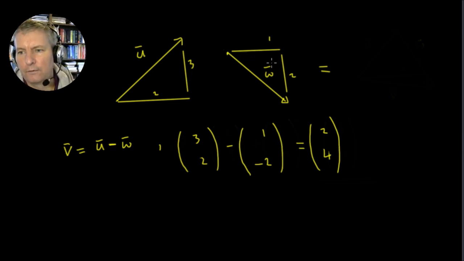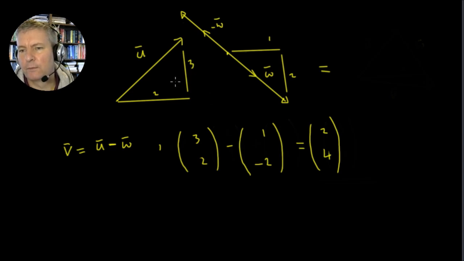So in the geometric form here, what's happening is we've got vector u, which is our (3, 2). Now we're going to have a vector which is going to be minus w, so we're adding on minus w. A vector of minus w is the same as the vector w, that is the magnitude is the same, but it points in the opposite direction. So that vector there points in that direction, and the minus w points in that direction.